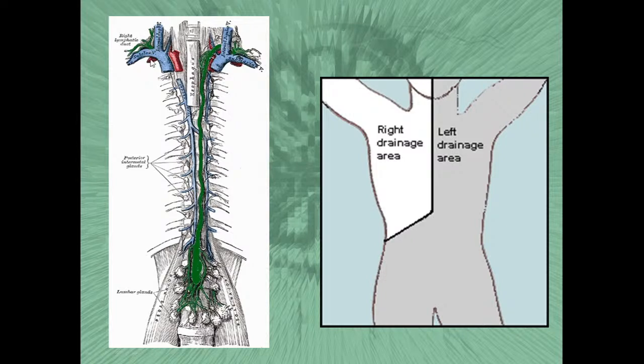You see, these two are not equal to each other. The right lymphatic duct, as you can see on this diagram, provides lymphatic drainage from just one quarter of the human body, and the other three quarters of the human body drain lymph into the thoracic duct.